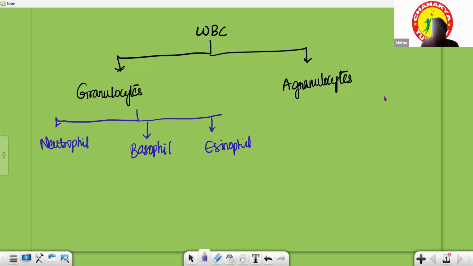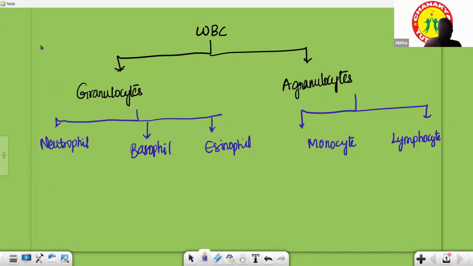Coming to agranulocytes, these are of two types: monocytes and lymphocytes.